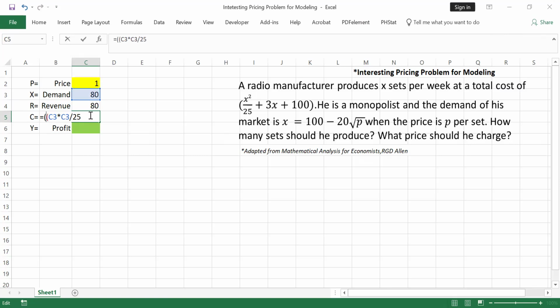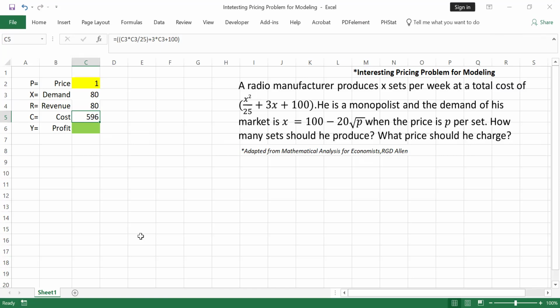Another bracket, outer bracket. I close the inner bracket. Plus 3 times X, 3 star X, which is this cell again. Mind you, we should put the cell because it's a formula. Plus 100. I close the bracket. Now, what I get is 596 as the cost, which is, of course, based on the initial value.